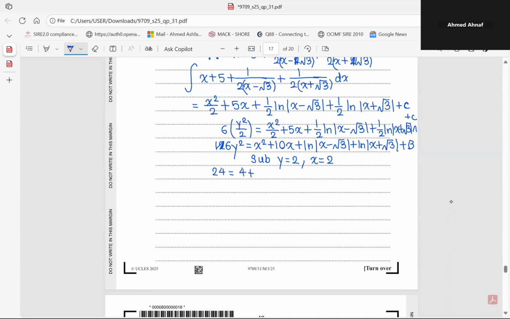And 10 times 2, that's 20. And then plus ln, that is, 2 minus square root 3 times 2 plus square root 3, plus b.